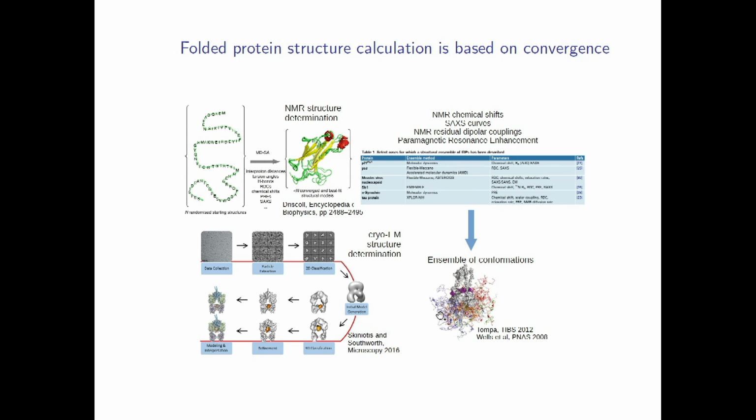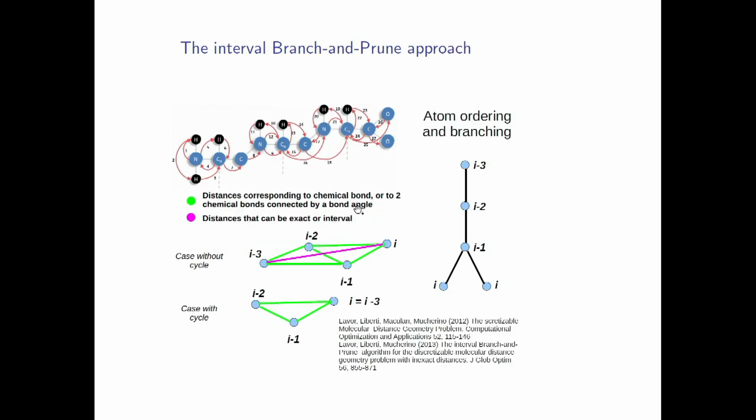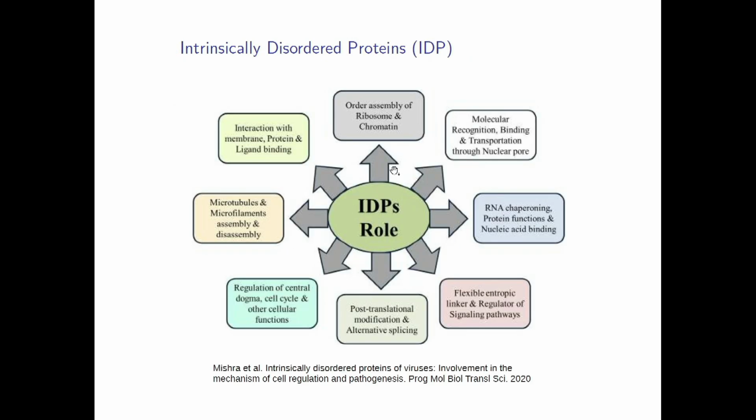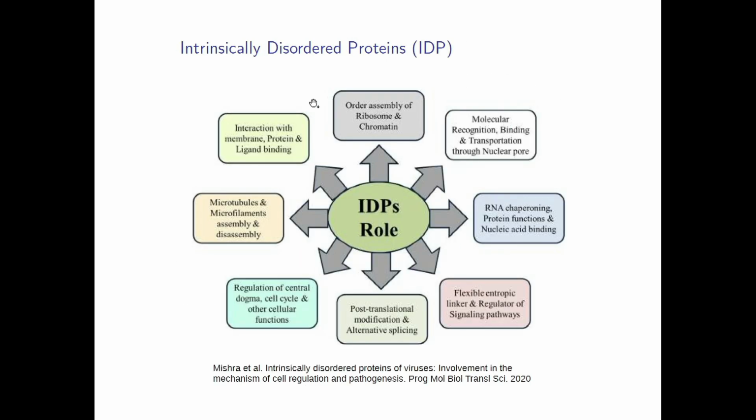That's the case of disordered regions, or so-called intrinsically disordered proteins, which are proteins which don't have a defined conformational structure that converges. And these intrinsically disordered proteins play a very important role in many biological processes, related, for example, to signaling or to all kinds of functions, or also to several diseases.